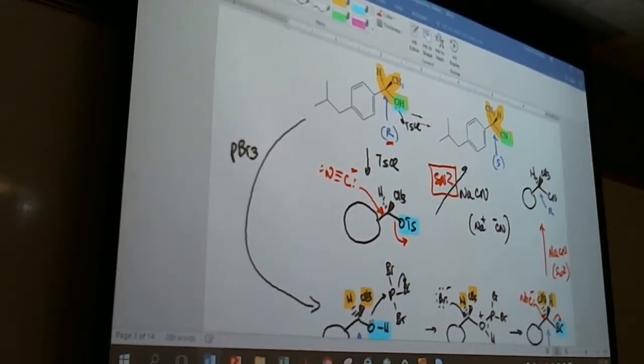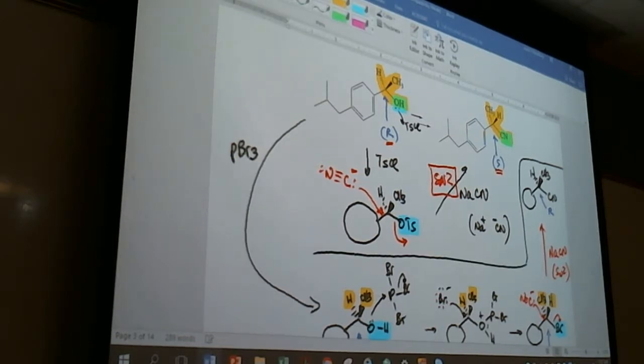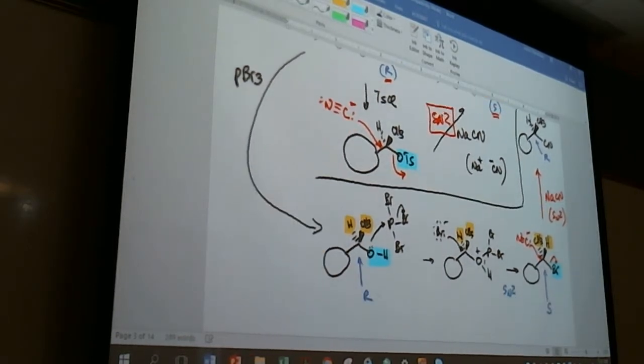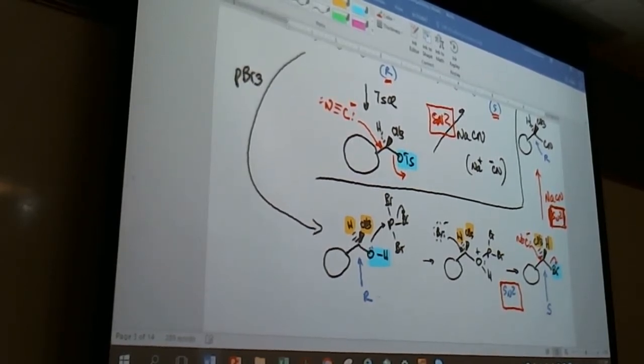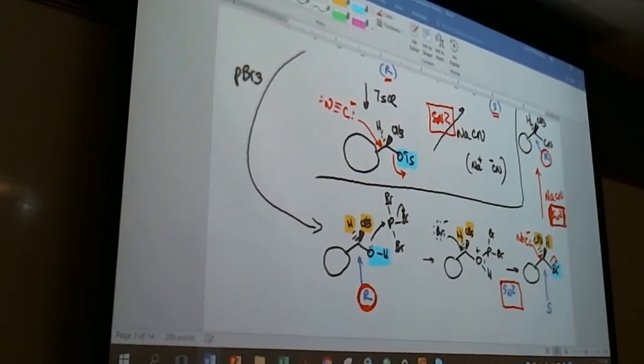And so this results in a net inversion of configuration. While in here, there are two SN2 reactions. There's one right here to give me the bromide, and a second one right here to substitute the bromide for the cyanide. So that results in two inversions, which basically means that whatever I started with, that's what I'm going to end up with.